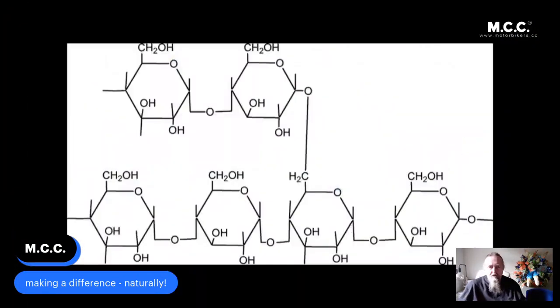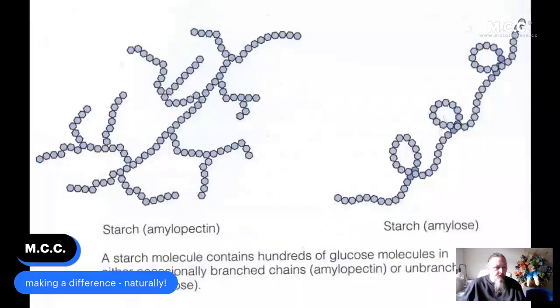There's 2 forms of starch. There's amylopectin and amylose. And these are polymers, and each little section there you can see is a sugar. And a polymer is basically a chain, and the sugars in the chain are the individual links.